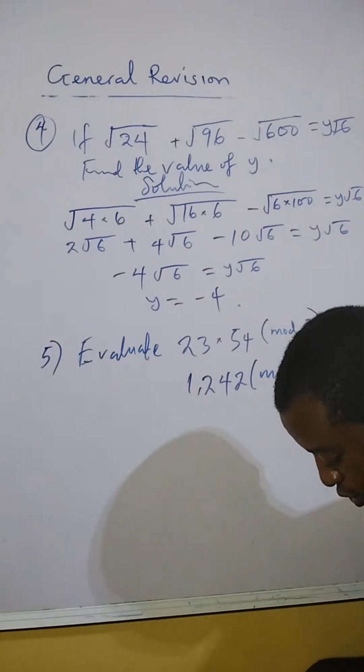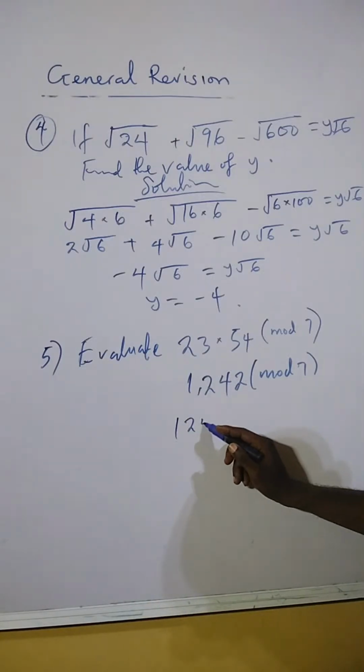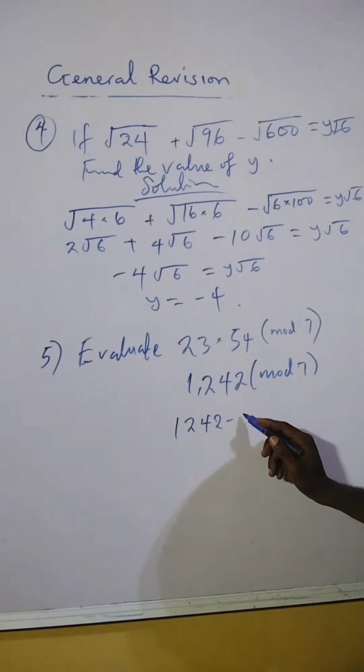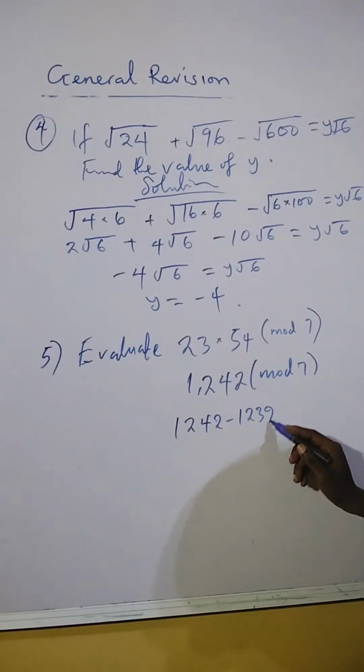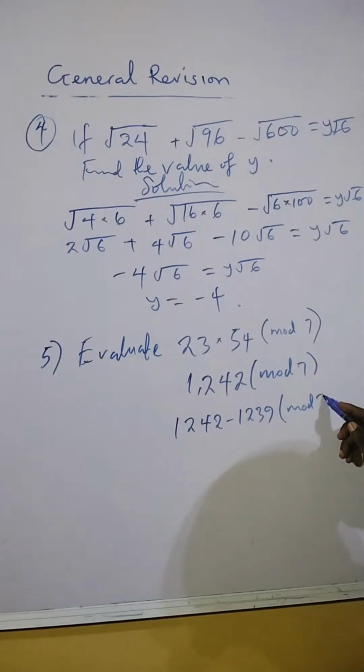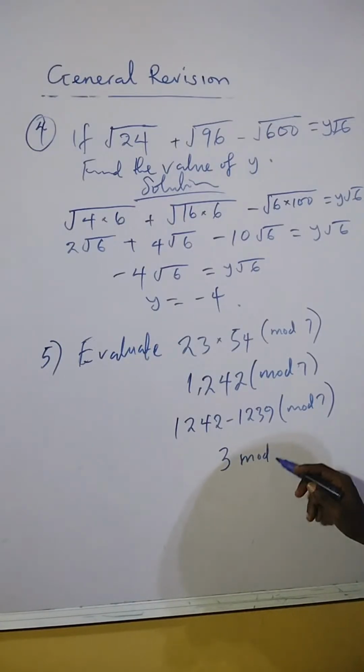So when we look at it, 1,239 divided by 7 is 177. That means we have 1,242 minus 1,239 in mode 7. When we subtract, we have 3. So the answer is therefore 3 mode 7.